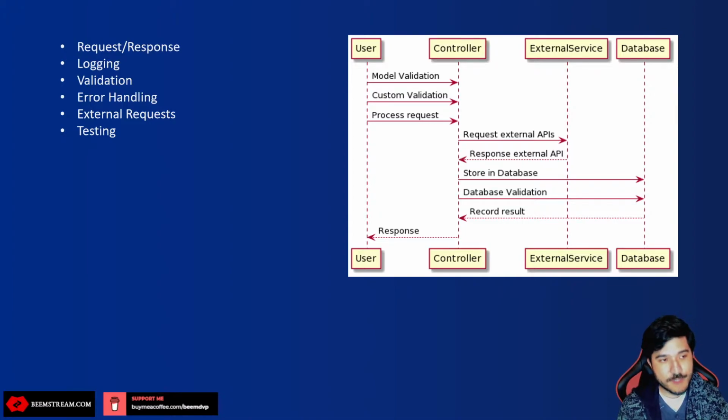Typically, the flow we see today in a RESTful API is the following, right? We see a model validation of some sort, and then from that point there might be some custom validation based on external data, or maybe custom validation based on an attribute not being present, and so on.